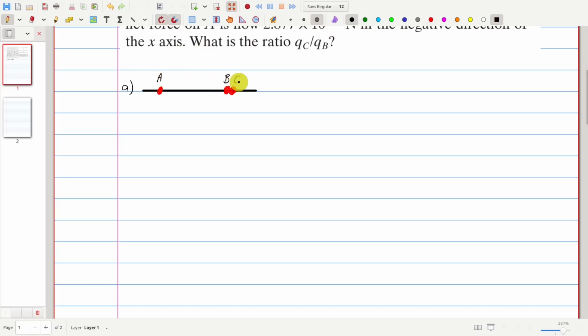Here particles B and C are pushing particle A away from them since the charges are all positive. The net electrostatic force on particle A due to particles B and C is in the opposite direction relative to the unit vector x.